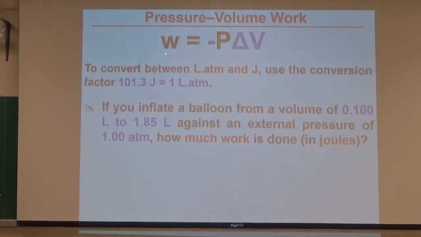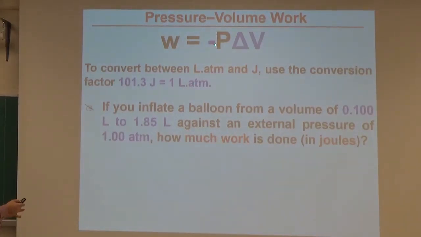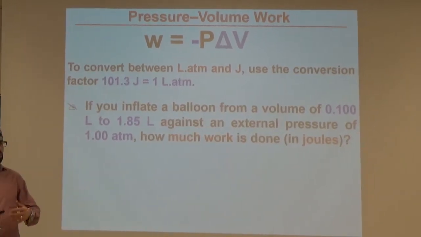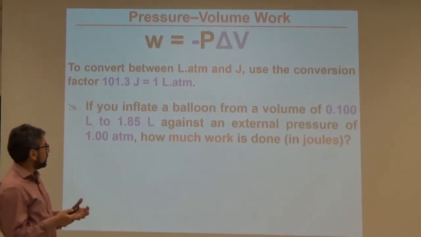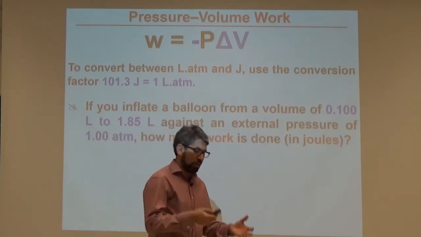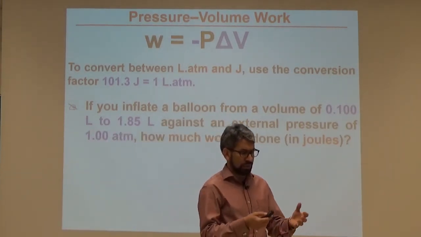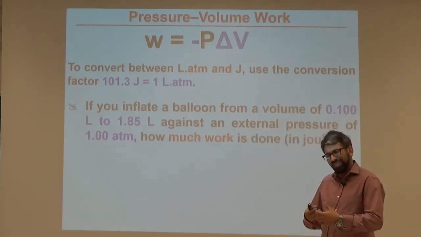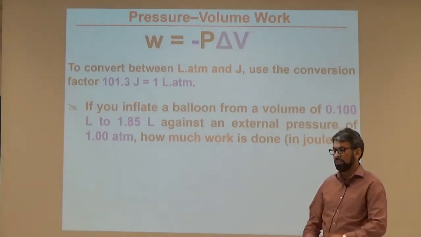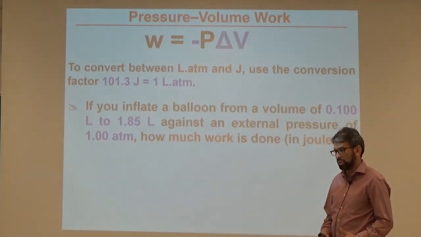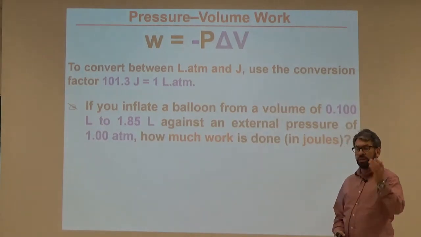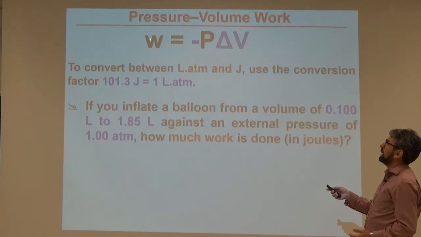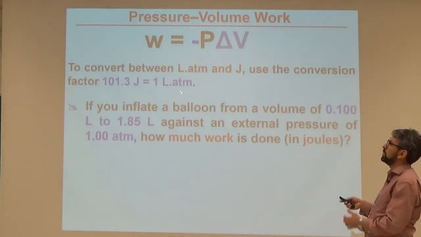I mentioned this formula: work is equal to minus pressure multiplied by delta V. Work is one part of the delta E, so delta E is equal to Q plus work. If work is part of the delta E, and we know delta E is in joule or kilojoule, then work must be either joule or kilojoule. So wherever I have work, I'm going to transfer it to either joule or kilojoule.